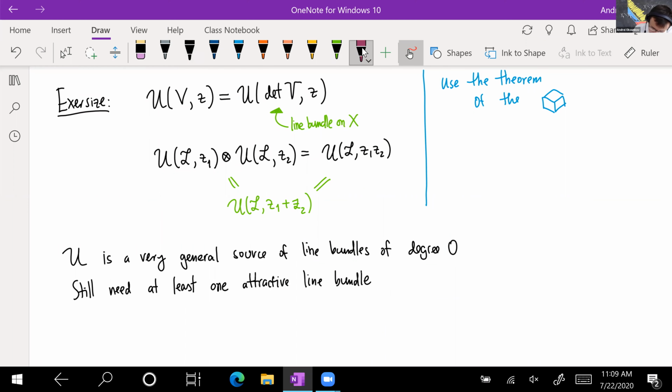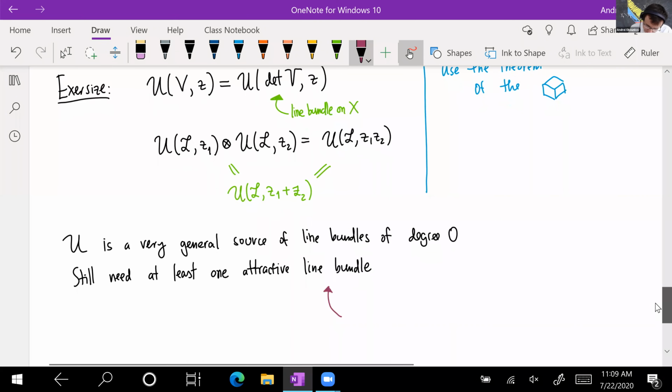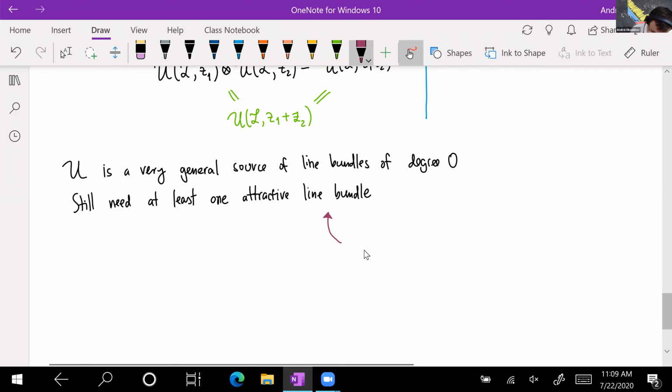And to get that, a very useful source of those is if I have a polarization. So this would be given by a polarization of X. So what's a polarization of X? By definition, it's a class in K theory.